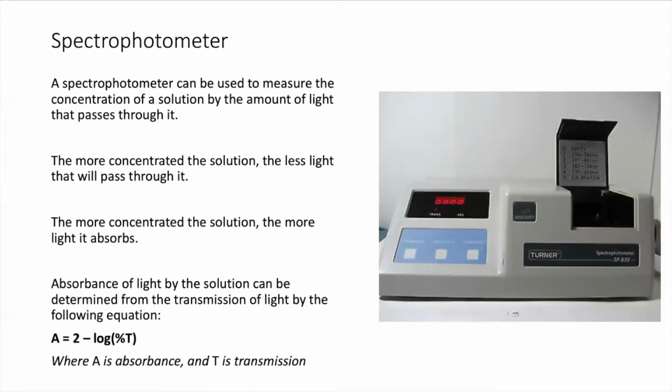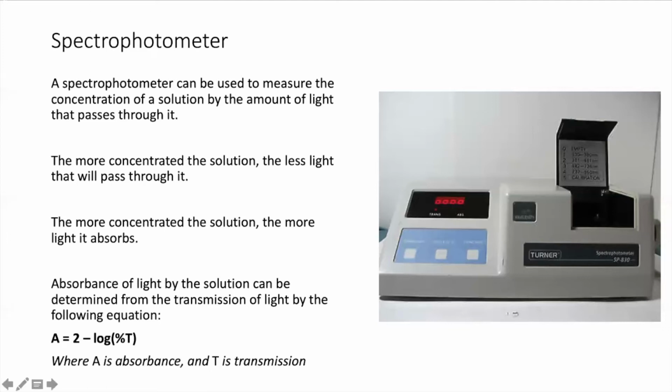Let me use my mask to see if you can see. You may have hands-on experience down the line. Place it in the sample compartment, and here is the readout for either percent transmittance or absorbance. And if we know either one, we can calculate the other. In this experiment, the data will be collected in percent transmittance.